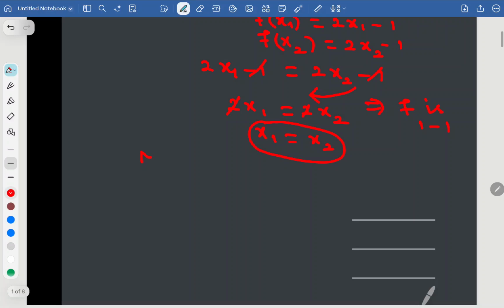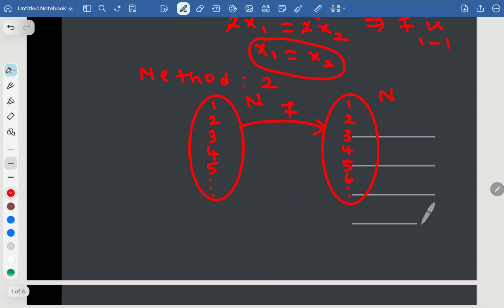Method 2. Here this is the set of all natural numbers. Elements in natural numbers are represented by x. This is our domain. This is the codomain.